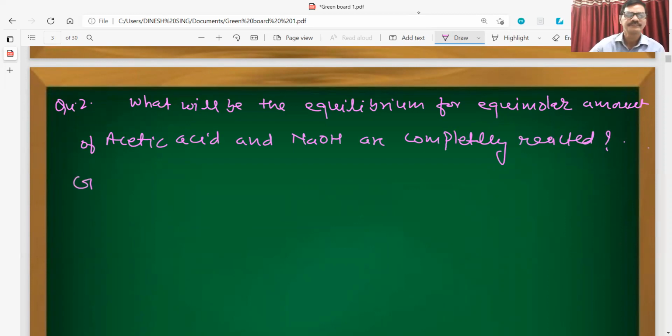Given the K value of acetic acid, CH3COOH, is 1.8 into 10 power minus 5. This is the ionization constant of acetic acid.